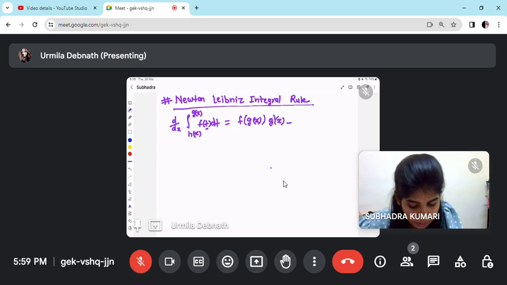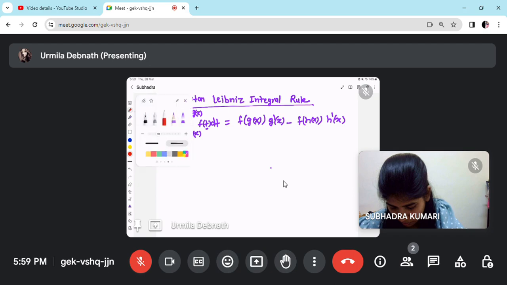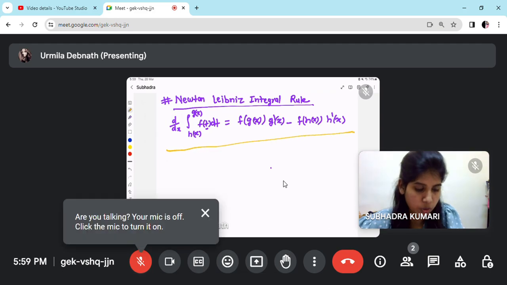Then minus, put t equal to h of x, so f of h of x, and then differentiate h of x with respect to x, so that is h dash x. So this is the main formula, the main concept.